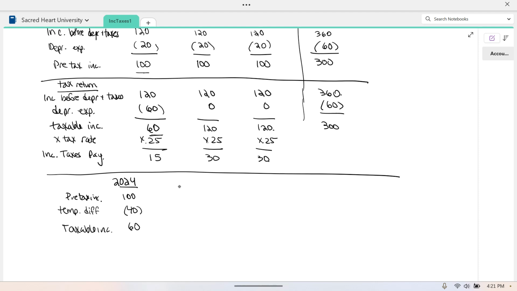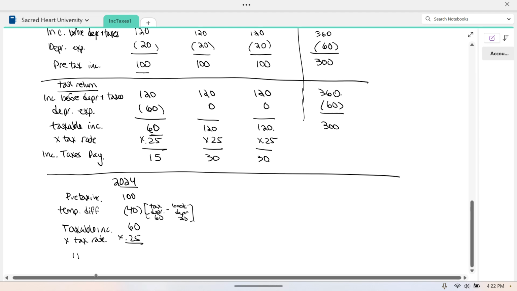And this 40 comes from the tax depreciation of 60 minus the book depreciation of 20. Taxable income of 60 times the tax rate, 0.25, gives us our income taxes payable of 15.